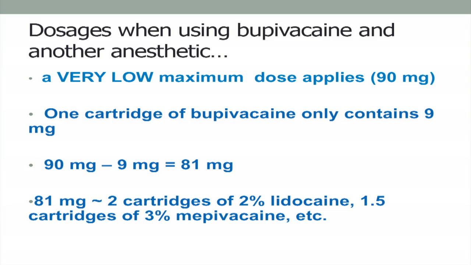For example, when using bupivacaine and another anesthetic, there is a very low maximum total dosage. 1 cartridge of bupivacaine only contains 9 milligrams, so that if we use a maximum allowable dose of 90 milligrams and subtract 1 cartridge of bupivacaine from that, that leaves us a remaining maximum dose of only 81 milligrams total. 81 milligrams is approximately equal to only 2 cartridges of 2% lidocaine, 1.5 cartridges of 3% mepivacaine, etc. So that you can see that combining bupivacaine with other local anesthetics, according to this rule, severely limits the total maximum dose of local anesthetic.